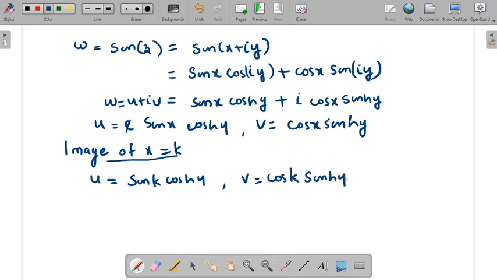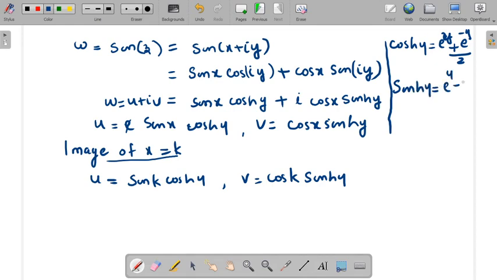We may not be familiar with hyperbolic identities, so just look at this. You know cosh y is e raised to y plus e raised to minus y divided by 2. And sinh y is e raised to y minus e raised to minus y by 2. My aim is to get a relation between sinh y and cosh y.